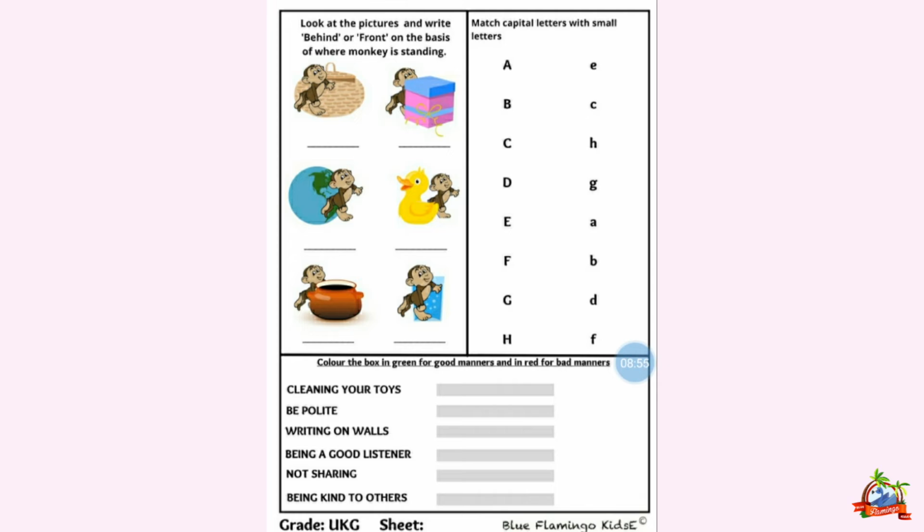QUEEN, queen. R for rabbit. RABBIT, rabbit. S for sheep. SHEEP, sheep. T for tiger. TIGER, tiger.